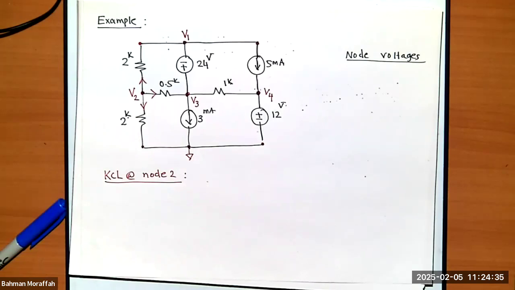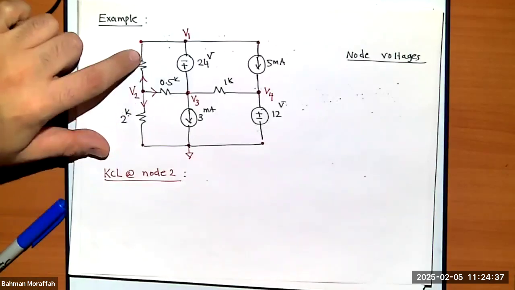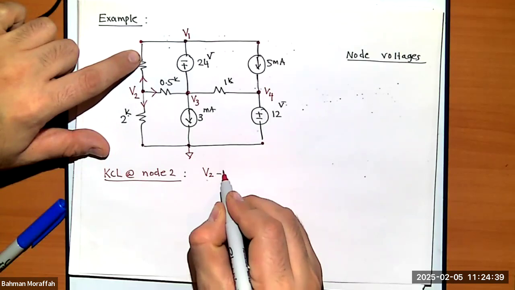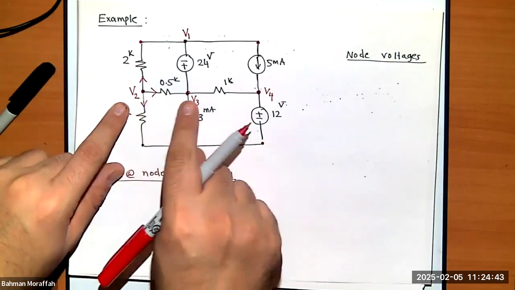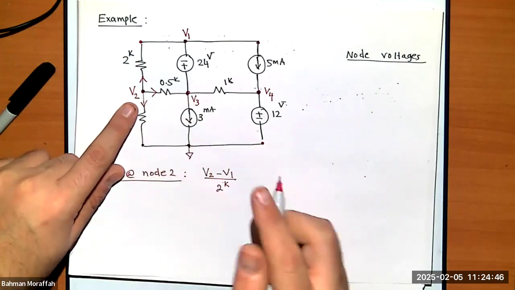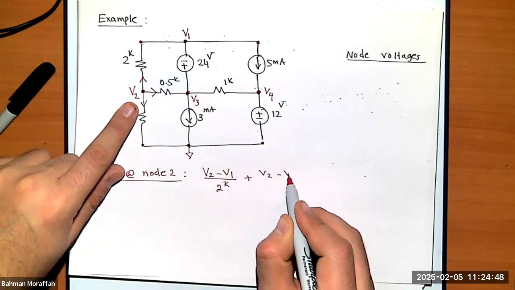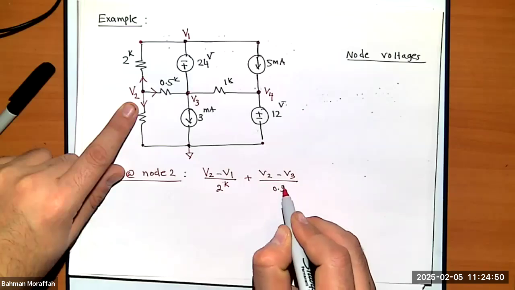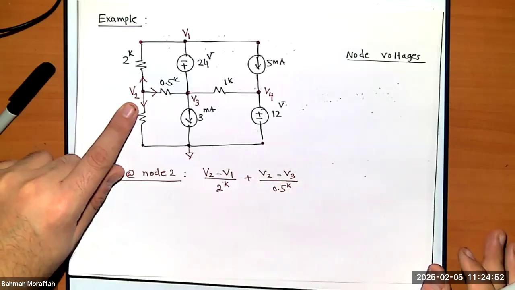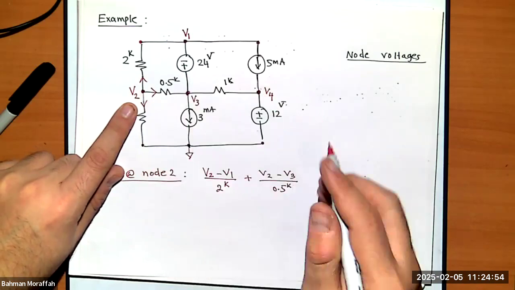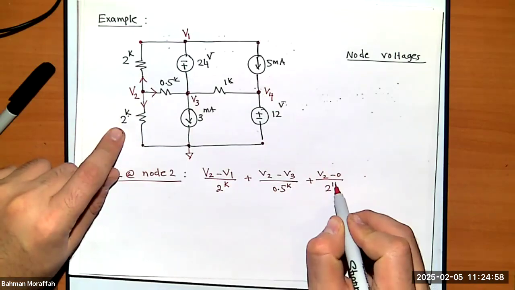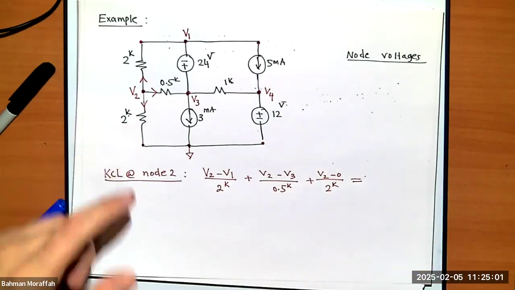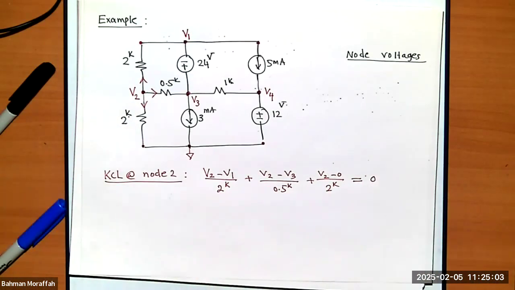What do I have? What is this current? That is V2 minus V1 divided by 2K. What is this current? It is V2 minus V3 divided by 0.5, right? And what is this current? It is V2 minus 0 divided by 2K. And that should be 0 because there is no inward current, right?